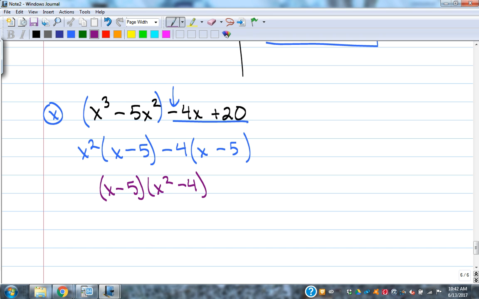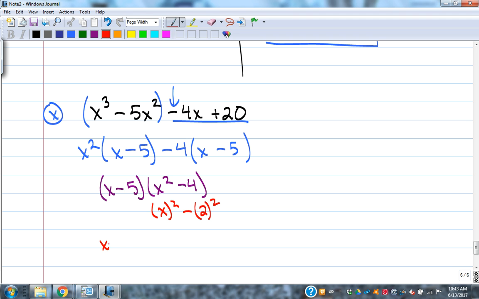Here's where the factor completely comes in. X squared minus 4. Anytime I see an x squared left in one of my factors, that should tell me to factor it a little further if possible, or try to. What do I know about x squared minus 4? We've seen it already today, that it's a difference of squares. It's actually x squared minus 2 squared.